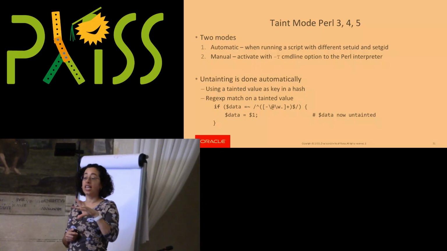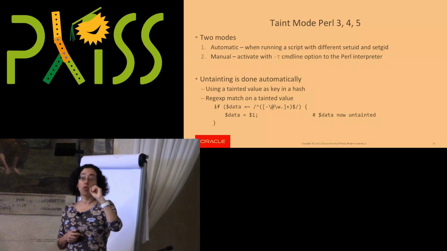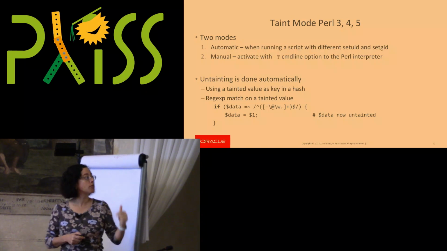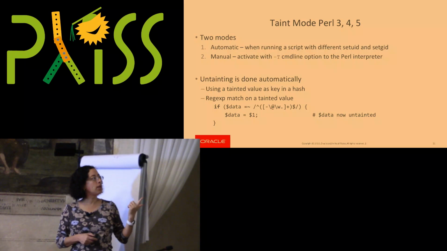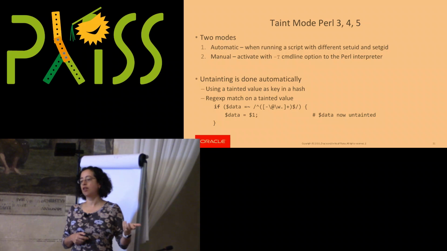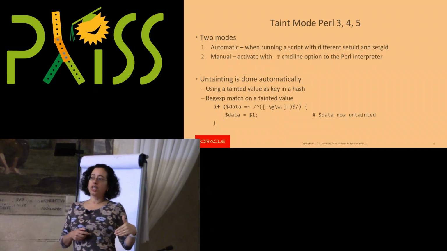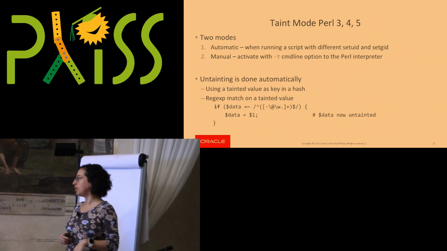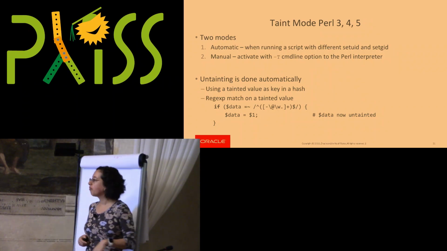If that's the case, it would automatically run and warn you when anything tainted is reaching one of those files or processes, anything that is dangerous, right? Or you could enable it manually with the -t command line option. In that case, you're telling the Perl interpreter to do this because maybe I've written a server application and I actually want to be checking on that, right?